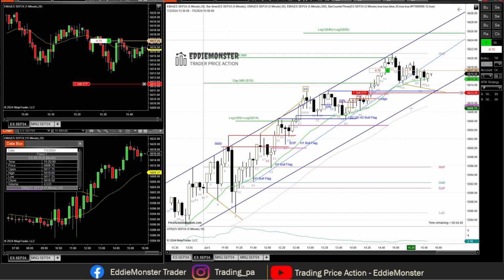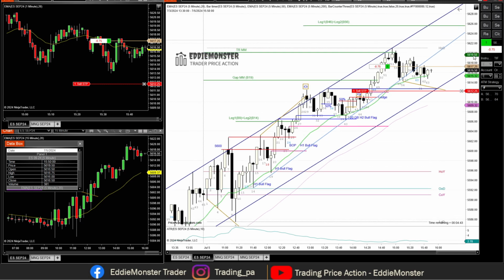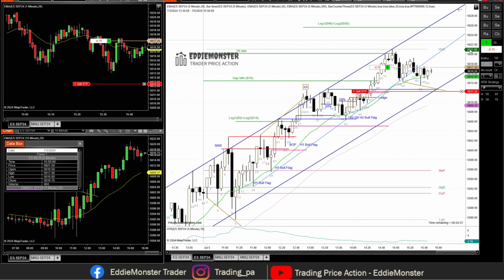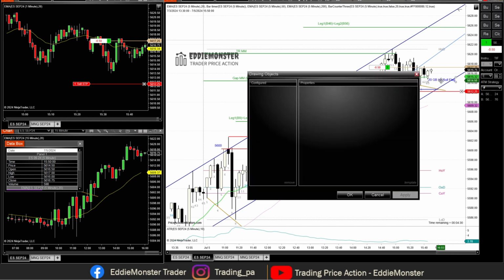Good 63 for bulls. So above that bar, we should have more buyers. So we're fine for the trend resumption here. So H2 bull flag again. So here is the H2 bull flag.